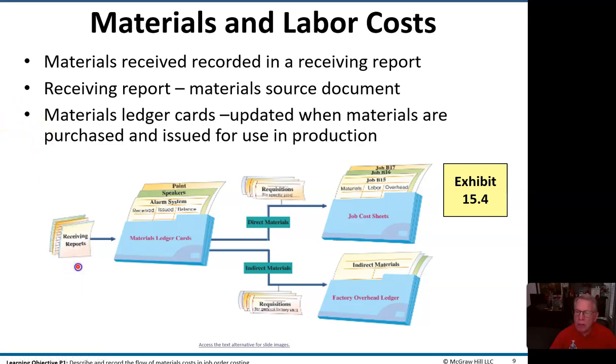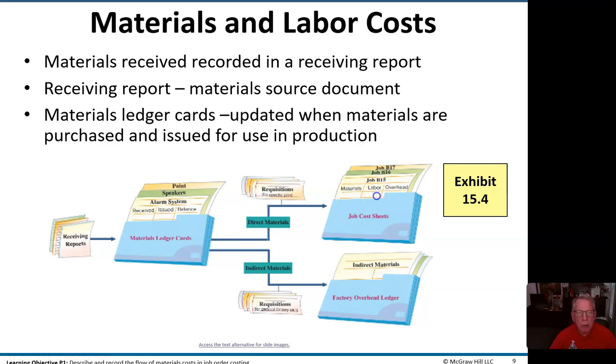So here's our receiving reports, and we get all these materials: paint, speakers, alarm system here, material ledger card. And then here are the direct materials that go into these job sheets. And here's our jobs, job 17, 16, and 15.